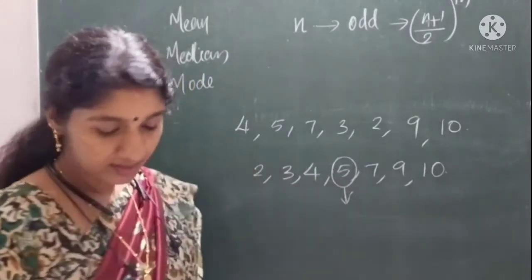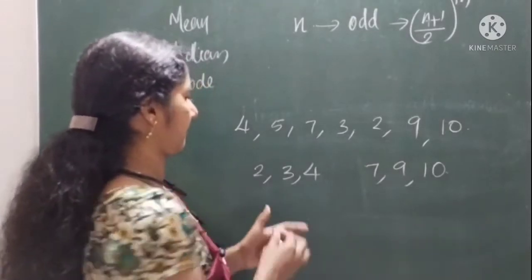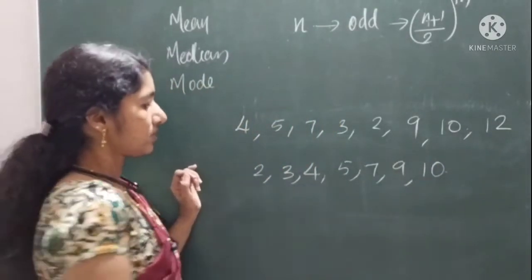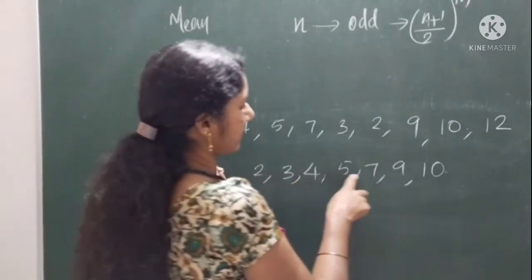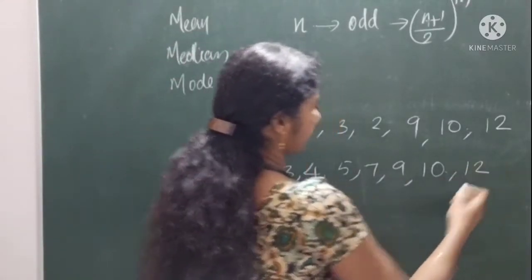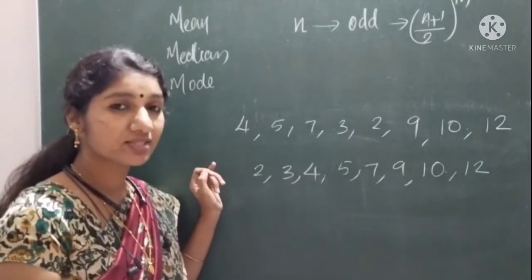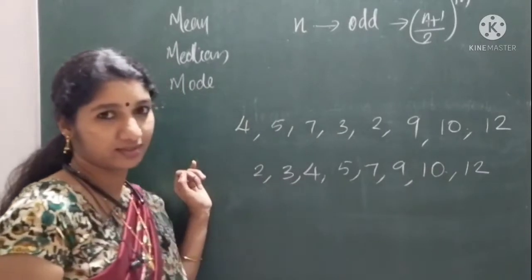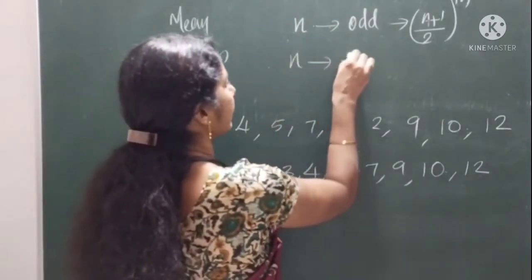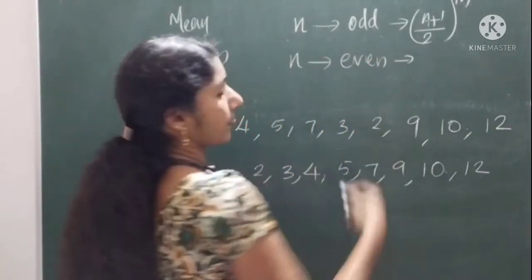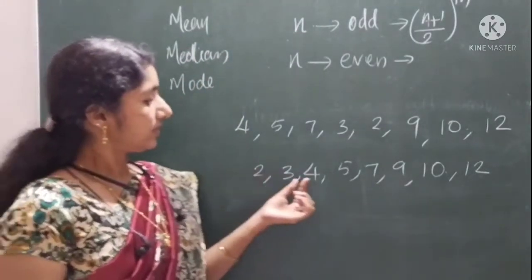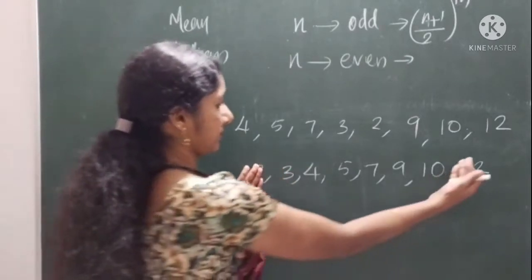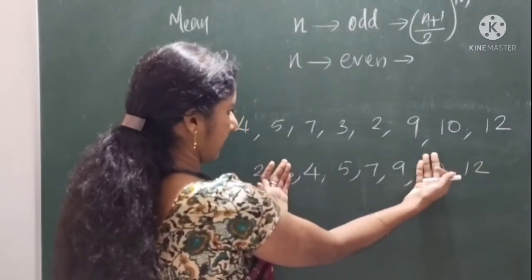Okay. Suppose in this data we have one more value, 12. So when we arrange: 2, 3, 4, 5, 7, 9, 10 and 12. Now how many observations are there? 1, 2, 3, 4, 5, 6, 7, 8 observations. That means n is an even number. When we find the middle value, these two are at the ends, these two are at the ends, these two are at the ends.